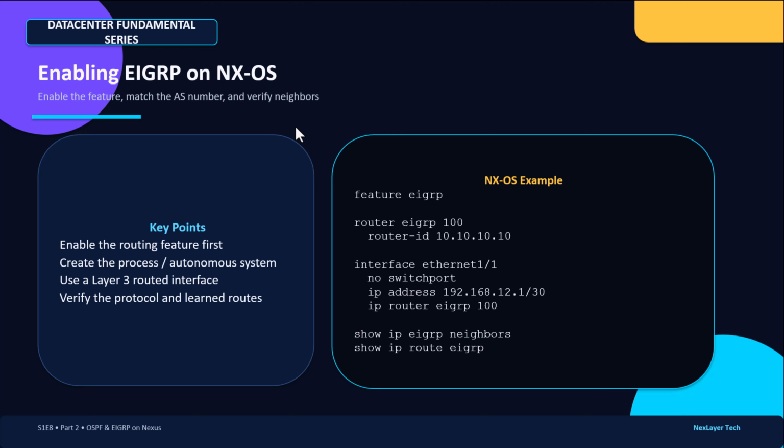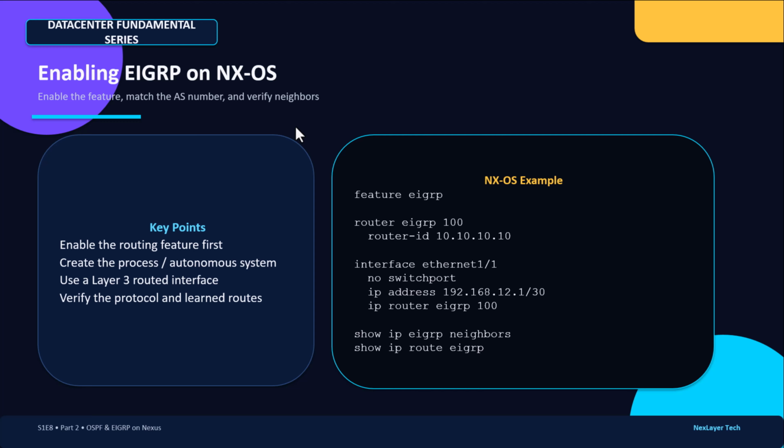If the neighboring device has compatible IP addressing and is also running EIGRP autonomous system 100, the two devices should form a neighbor relationship. We can verify the neighbors using show ip eigrp neighbors. To see routes learned through EIGRP, we can use show ip route eigrp.